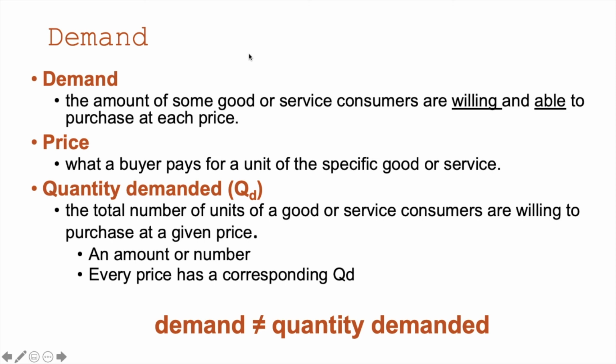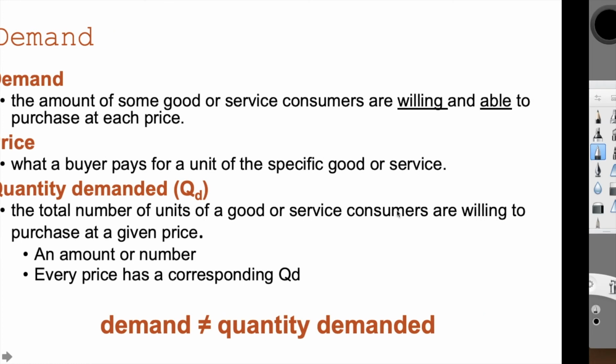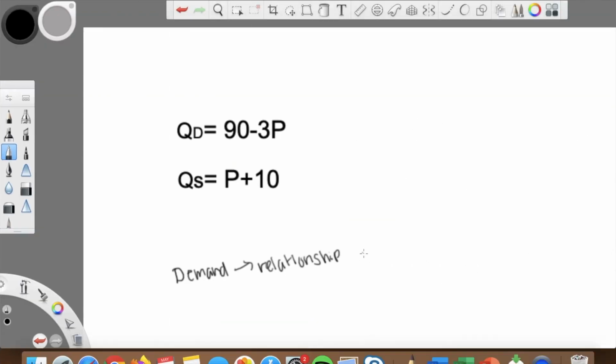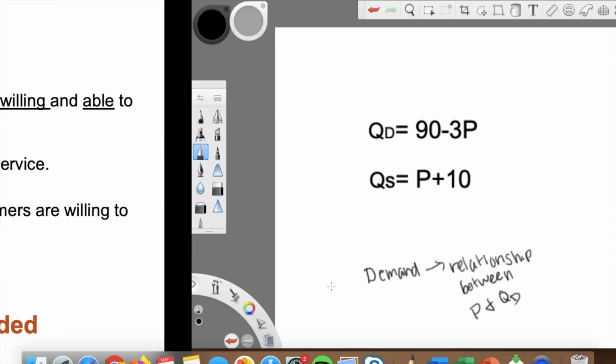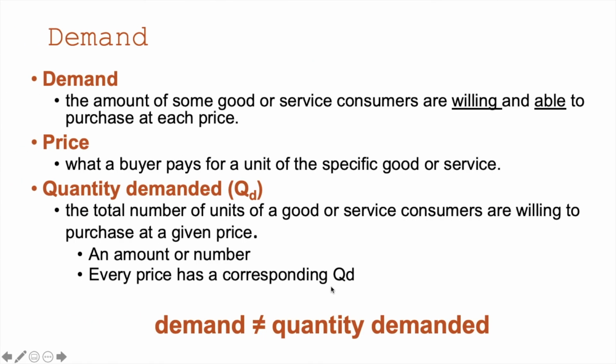So this is a good definition, the amount of some good or service that consumers are willing and able to purchase. It's a fancy way of saying quantity demanded at each price. There's our second variable. But a shorter definition would be a relationship between price and quantity demanded. That's the short way of thinking about it.